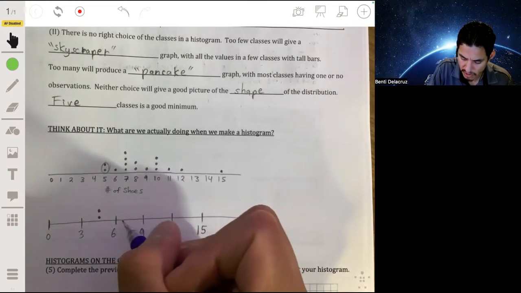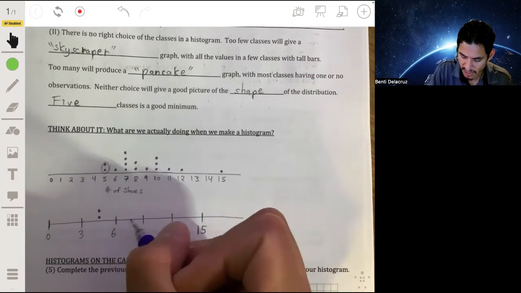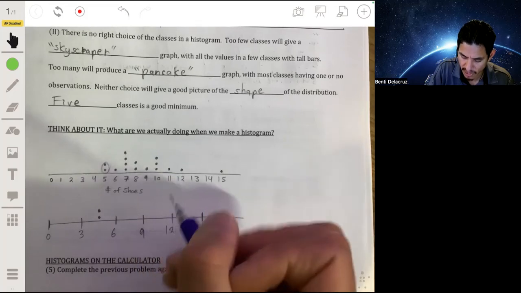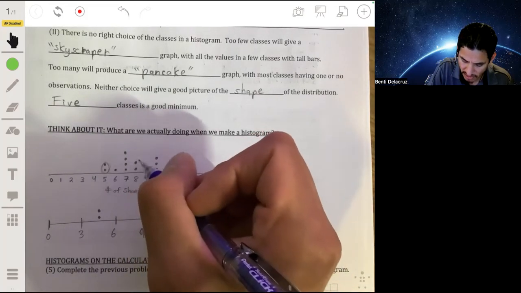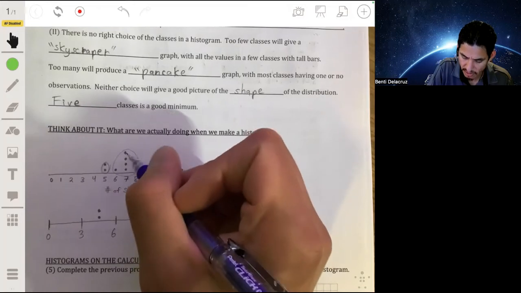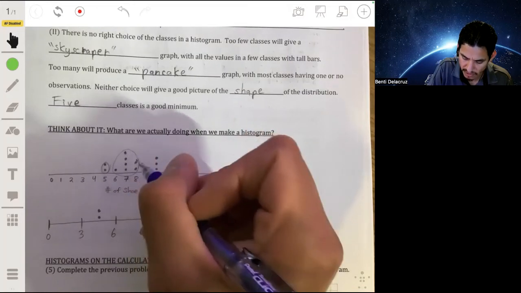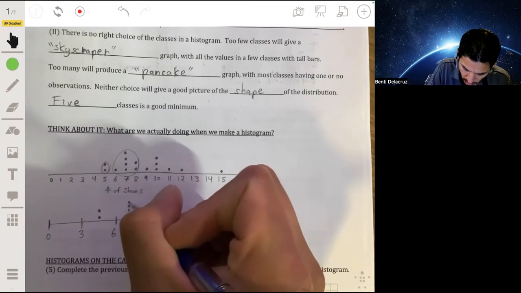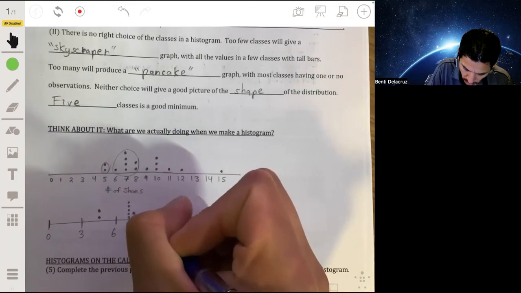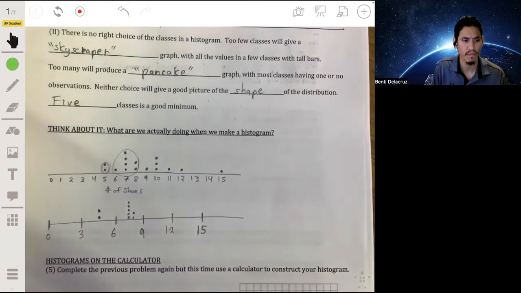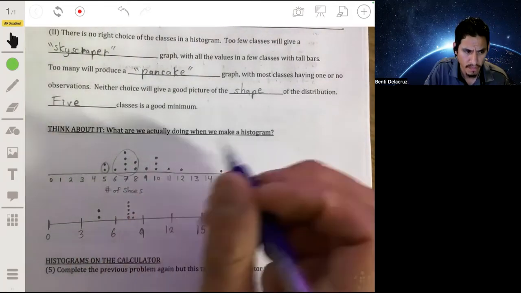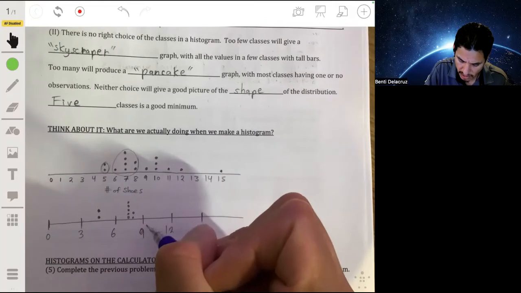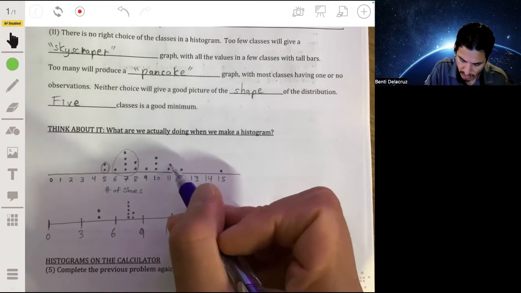The next one would be dots above 6, 7, and 8, because remember 9 is going to go in the next one. So 6, 7, and 8, these guys. So we would have 1, 2, 3, 4, 5, 6, 7. And then here we would get the 9, 10, 11 group.